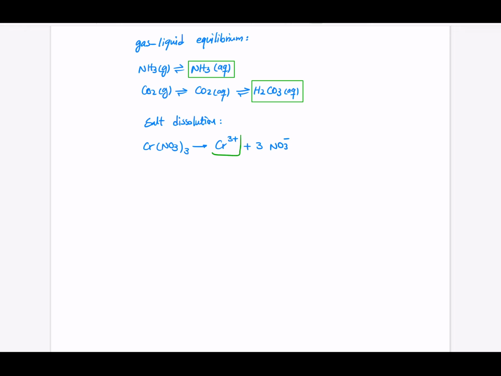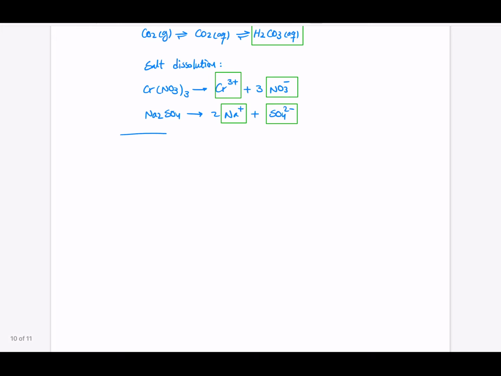Same thing for sodium sulfate: 2 sodium plus and sulfate ion. So now we introduce these 4 species to the system.